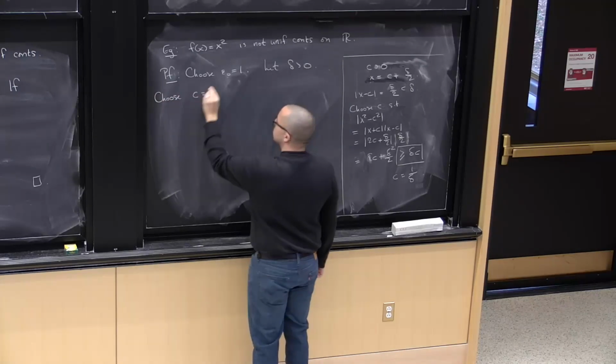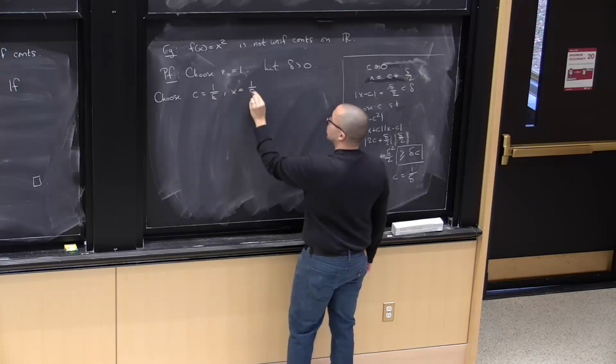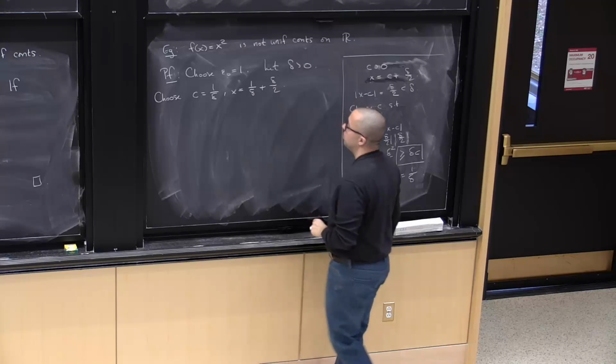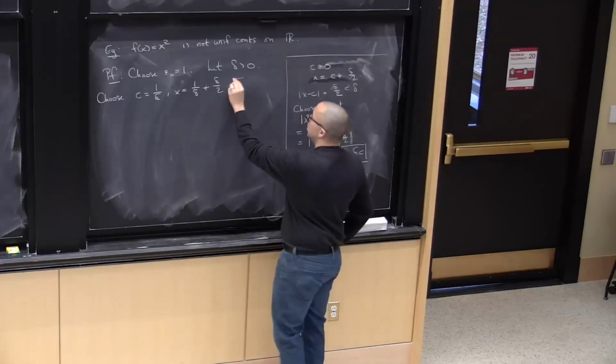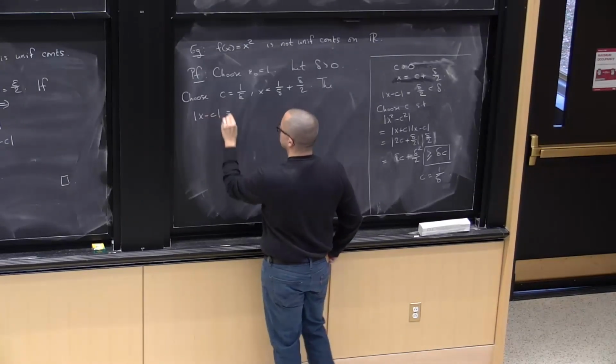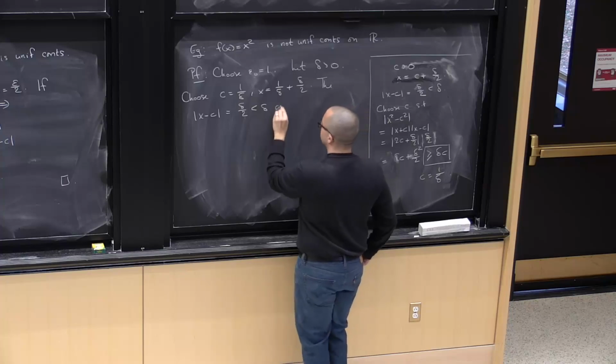Choose c to be 1 over delta, x to be 1 over delta plus delta over 2. Then these two values are close: x minus c equals delta over 2, which is less than delta.